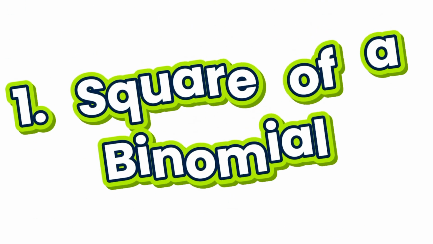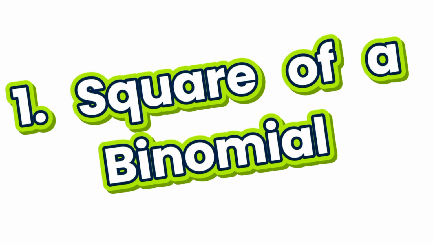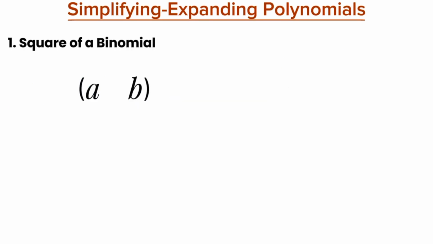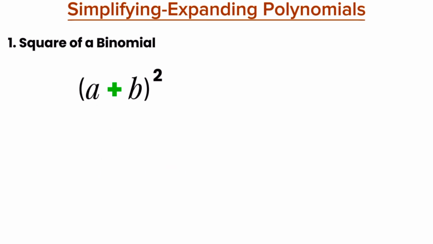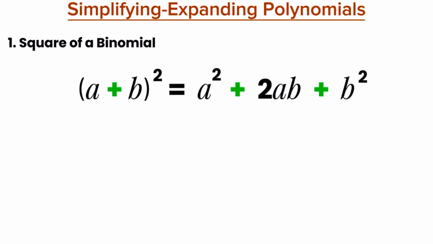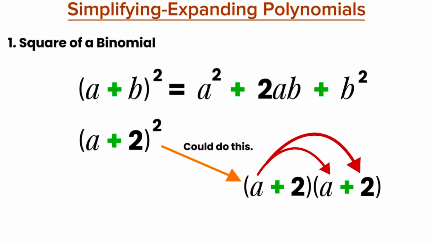1. Square of a binomial. When an expression with two added terms is squared, this ends up being the result. A plus b squared is equal to a squared plus 2ab plus b squared. So, as an example, let's expand a plus 2 squared. You could just expand the expression and multiply. That's perfectly fine.